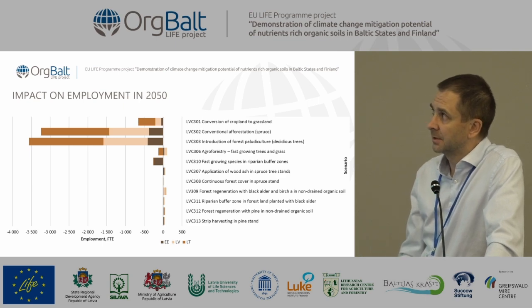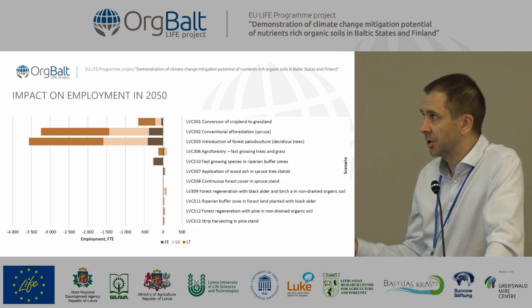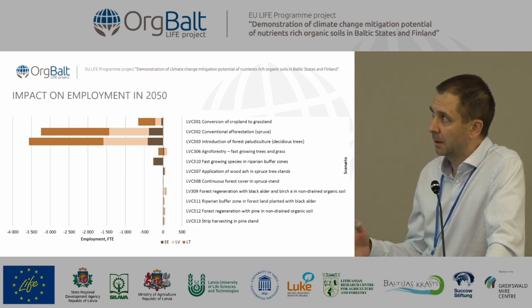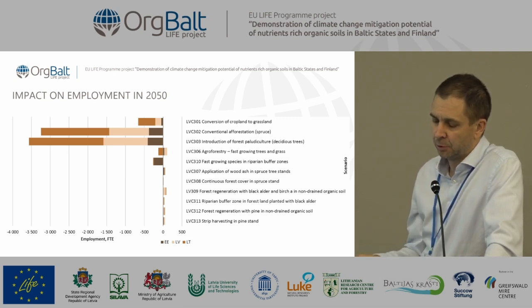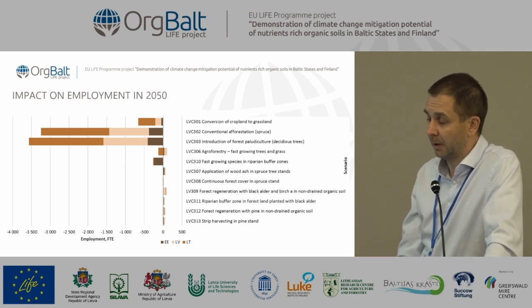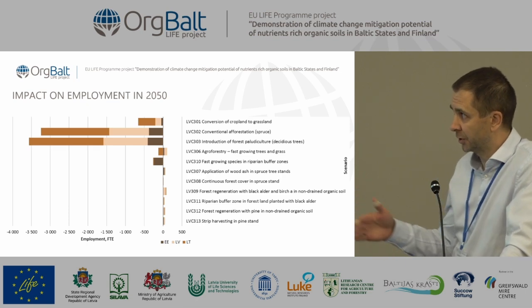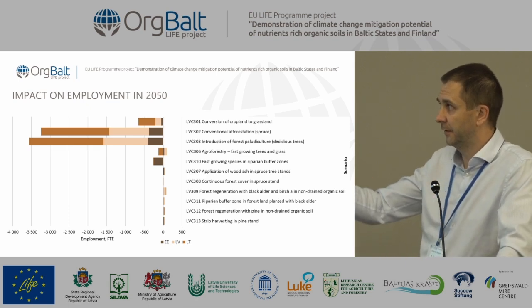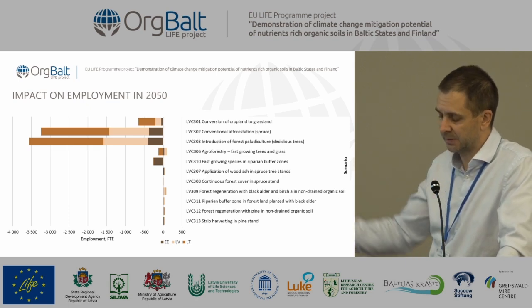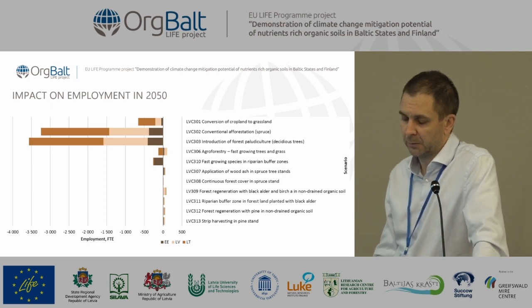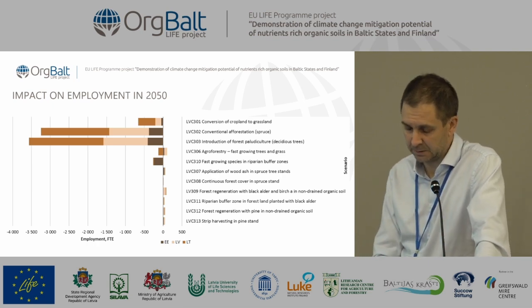This is typically associated with agriculture in general having a higher labor input necessity to produce something in comparison with forest, which is not so labor intensive, especially taking into account that we are calculating for 2030 and 2050, so the final harvesting is typically not included in this lifetime.